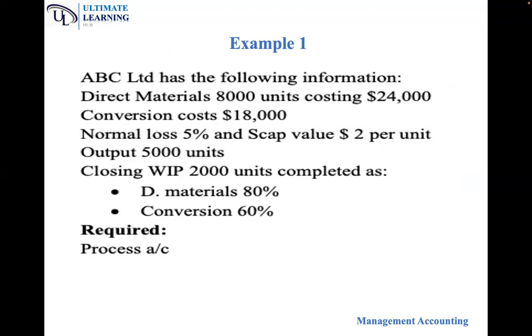Output is 5,000 units, and closing work in progress is 2,000 units completed as. What goes to direct materials and what goes to conversion costs? Required in this question is to prepare the process account.